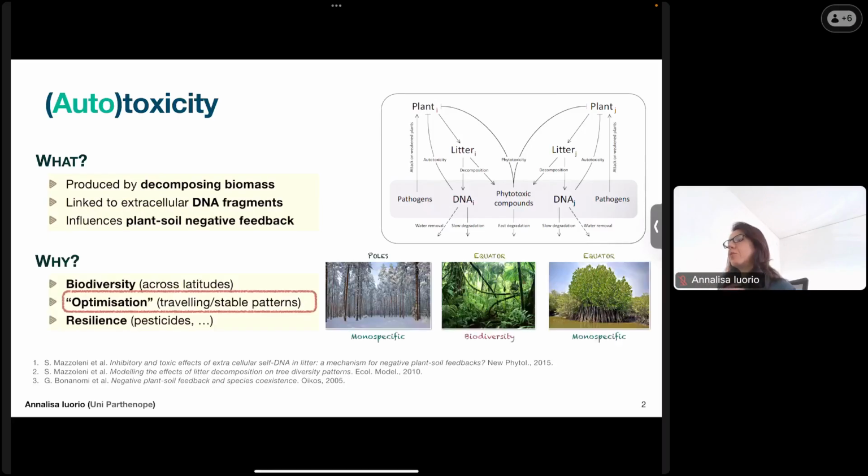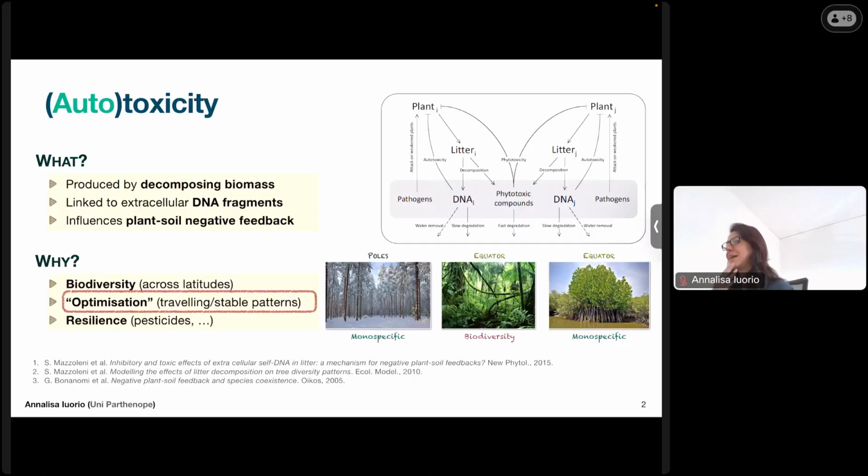It plays an important role in a wide range of applications. My collaborators from the Agricultural Sciences Department in Naples even founded a startup to produce organic pesticides based on this theory.